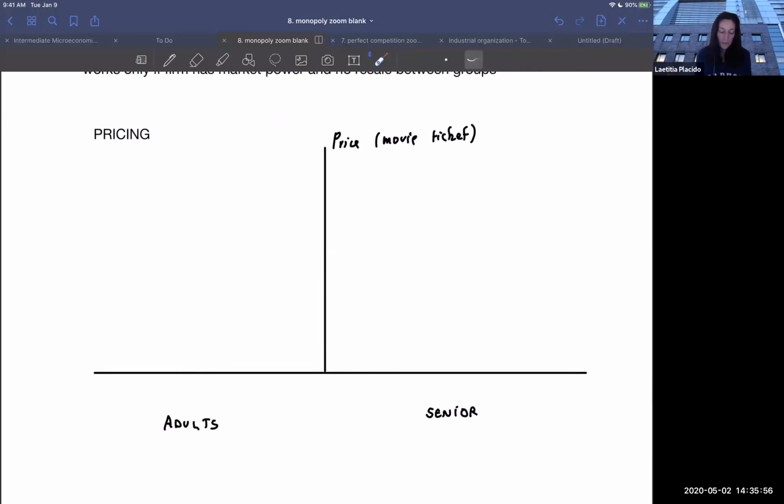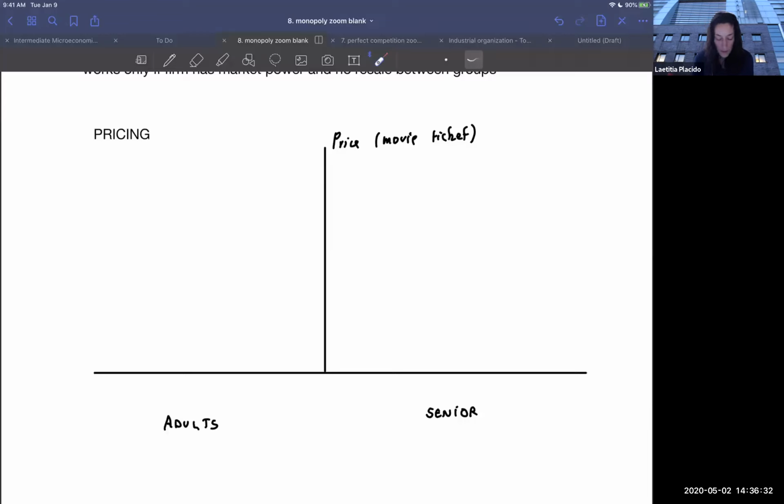So usually you can find the pricing condition by using calculus, by maximizing the profit over the two markets, the different groups of people, and then you will find the optimal quantity for one group and the optimal quantity for the second group, and you can derive the optimal price for each group. But because your book doesn't use much calculus, I'm gonna introduce the solution graphically, okay?